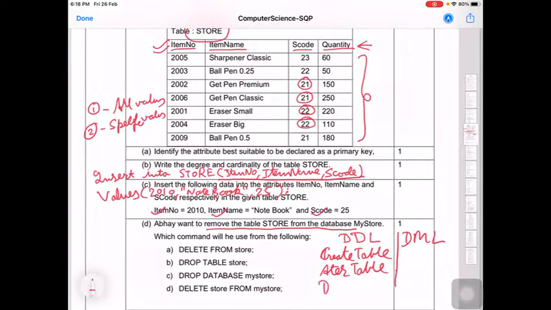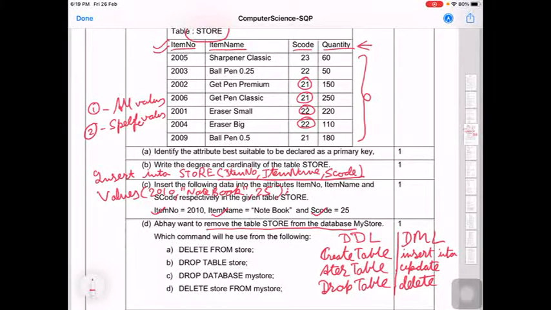These are the basic three commands for DDL. And in DML we have insert into, then we have update, and we have delete. So these are the basic three DDL and DML commands.